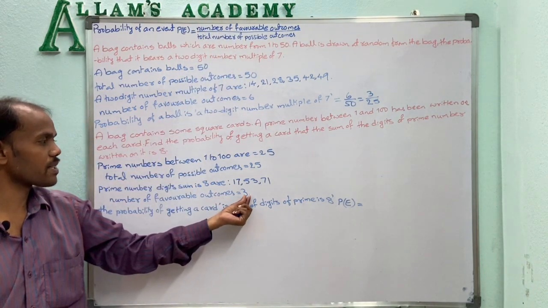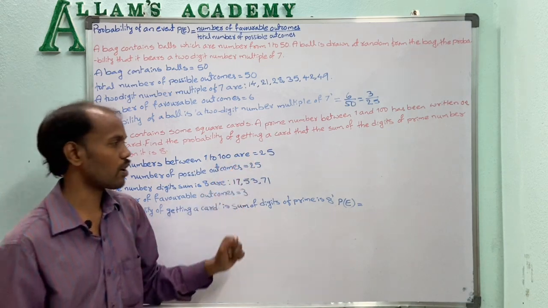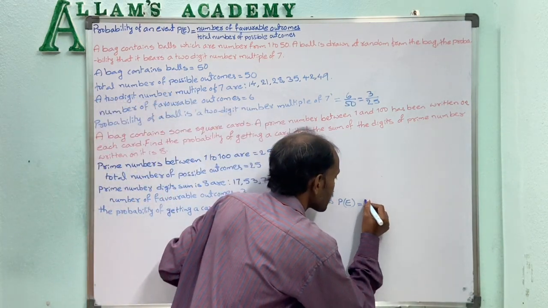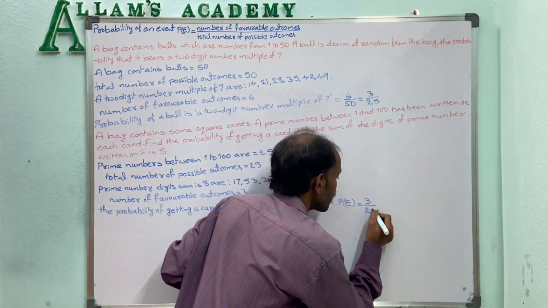Here favorable outcomes are 3 and total number of possible outcomes are 25. That is nothing but 3 by 25.